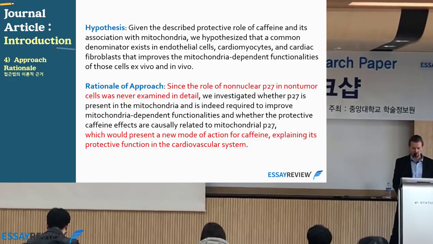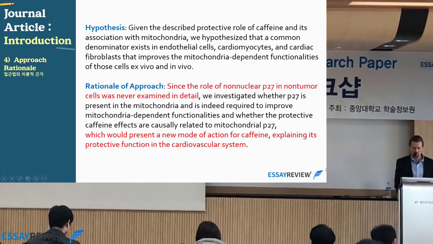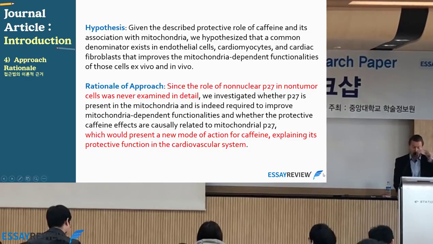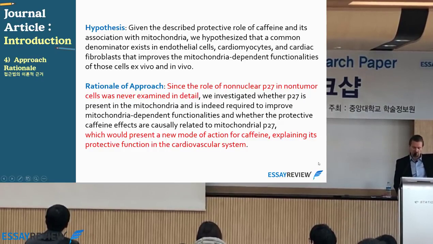So since nobody did this, this is why we designed our study like this. And because it would help present a new mode of action for caffeine, explaining its protective function in the cardiovascular system. So you've effectively said to your reader, this is why we're approaching it this way. These authors approached from the cell wall. We're approaching the mitochondria. Maybe it's a bad example. Explain the advantage of your approach.